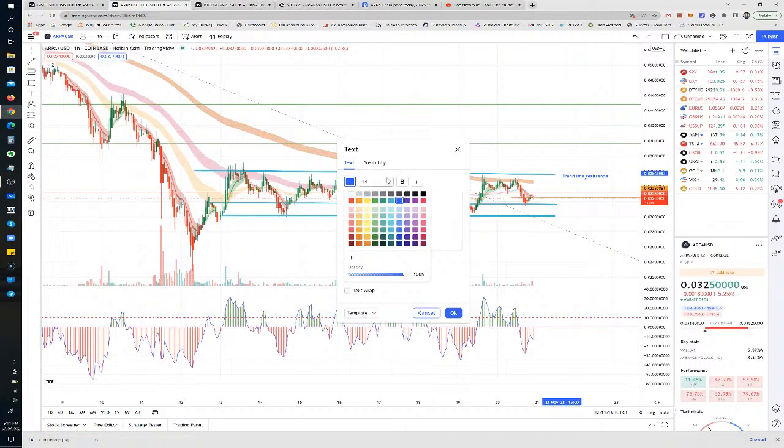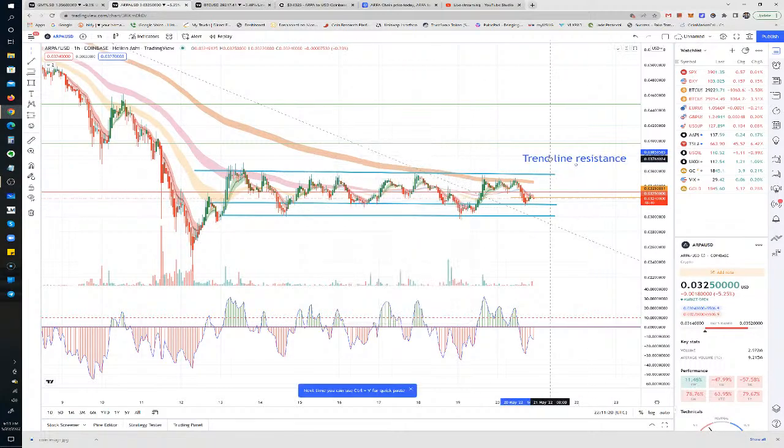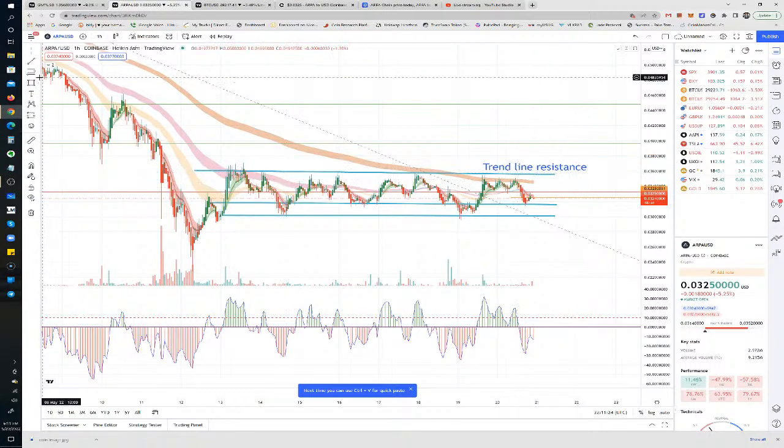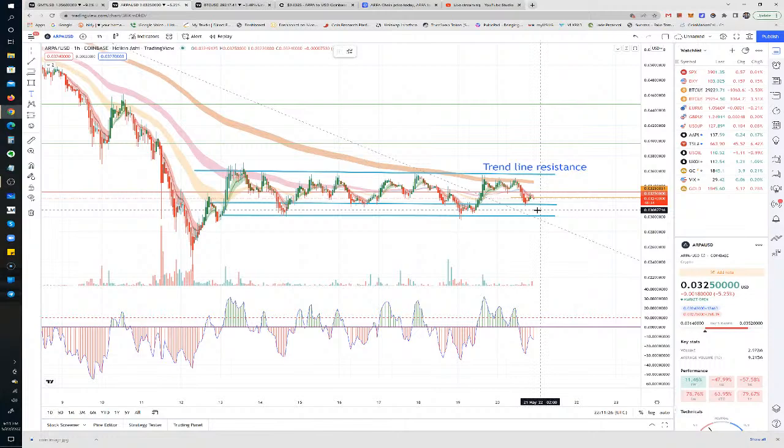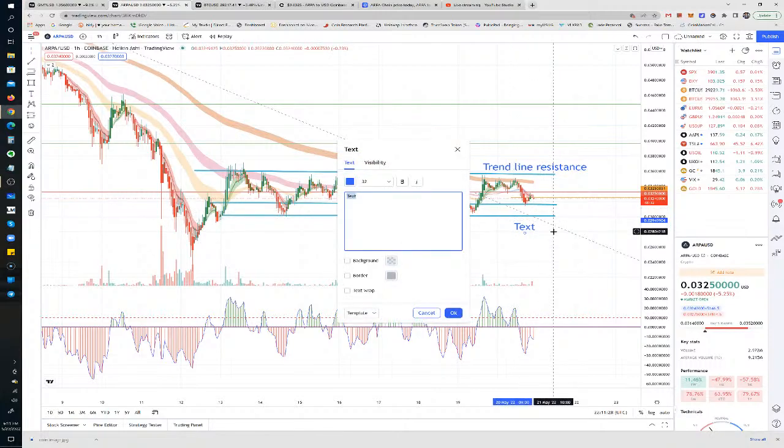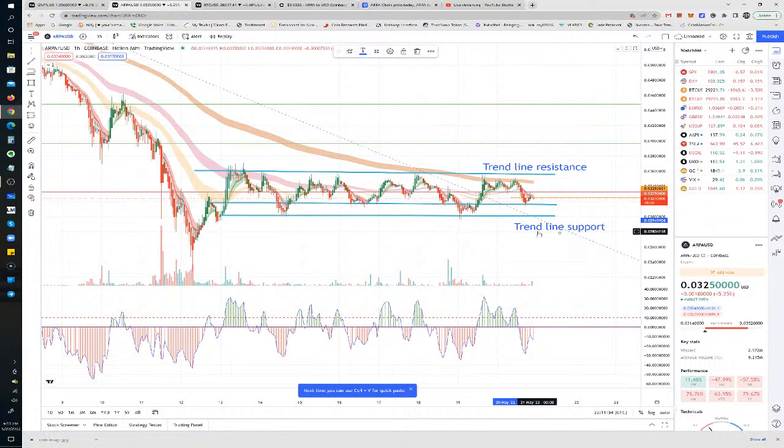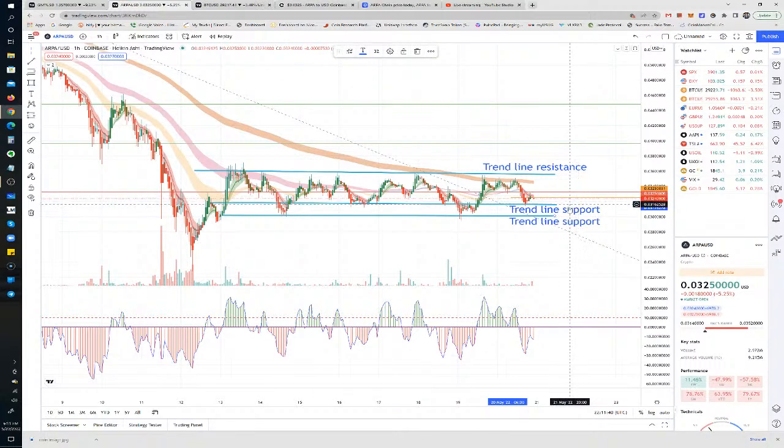I'm going to make that blue, and I'm going to make it 32 so you can see. This is trend line resistance, and then I'm going to draw trend line support, which is the bottom one. All right, this is trend line support. There are 2 of them, so I'm just going to duplicate that one. Clone, and then this is the other trend line support.